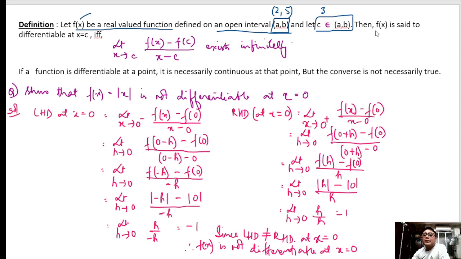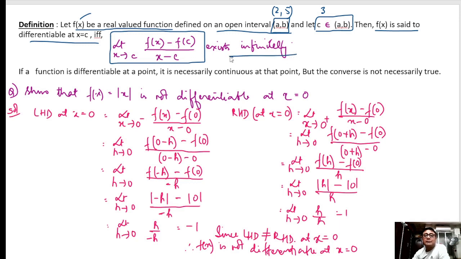Okay, so f(x) is said to be differentiable at x if I want to check that a function is differentiable at a value which is between the two limits. Then this is the format of writing the differentiability: limit x tends to c, (f(x) minus f(c)) by (x minus c) should exist.